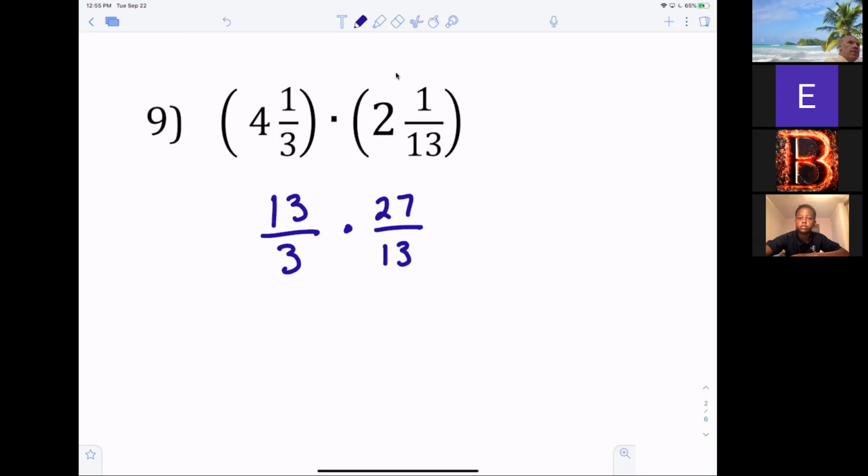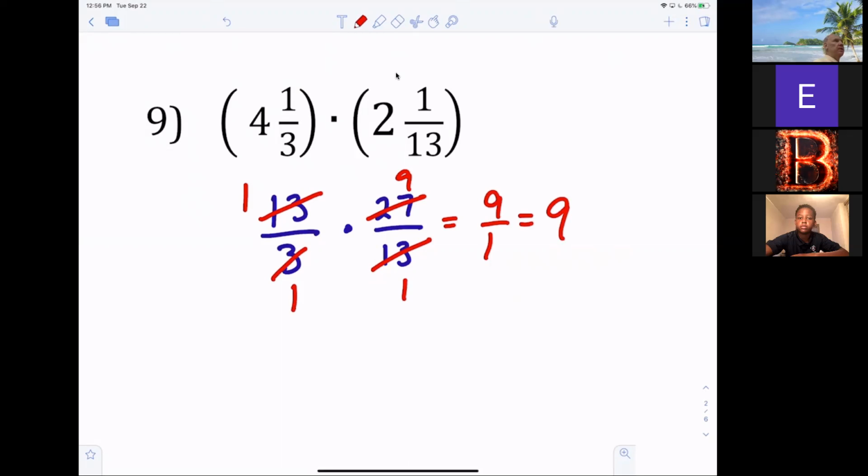Nice, huh? And now let's reduce. This one's nice. 13 goes into 13 once. 3 goes into 3. 3 goes into 27, 9. Final answer, 9 over 1, which is the same as 9.